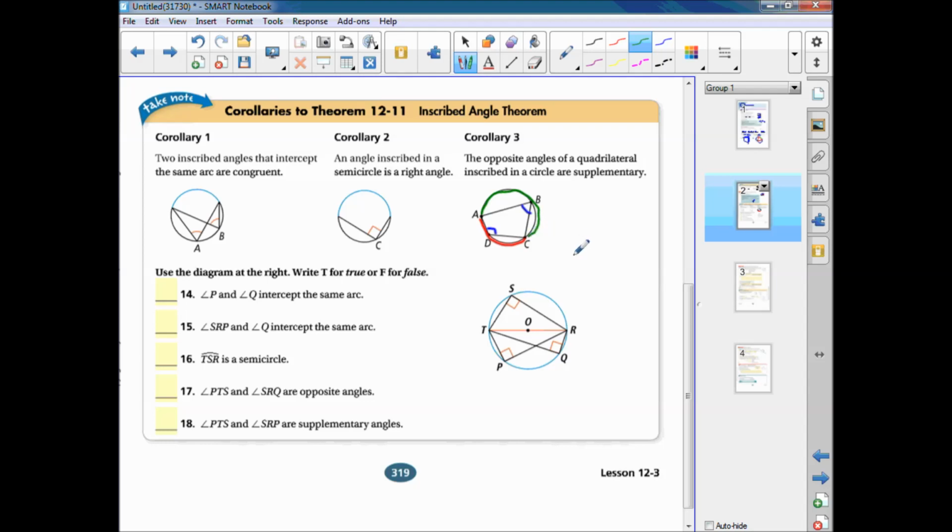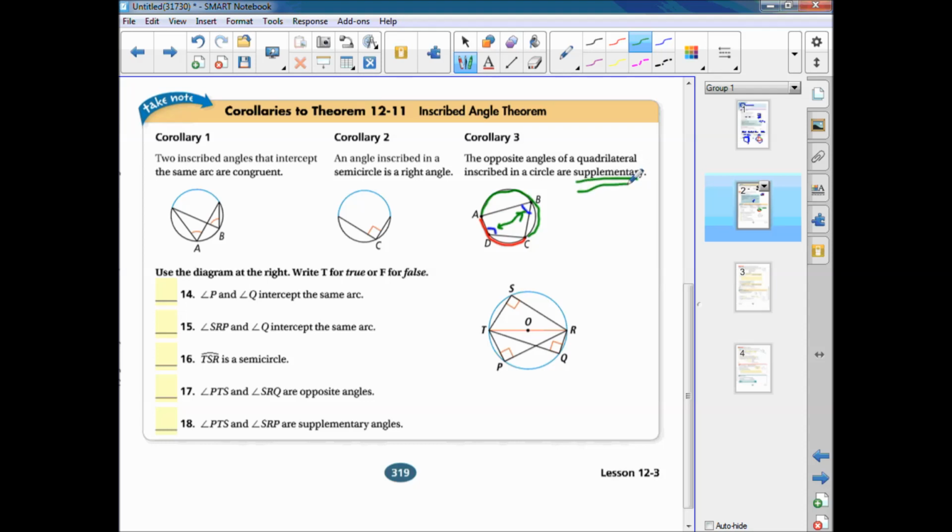Now notice the red and green arc, so angle D will be half as much as the green arc's measure. The red and green arcs together add up to 360. So if I cut that in half, together these two should be half of 360, which is 180. And that's what supplementary means, two angles that add up to 180.